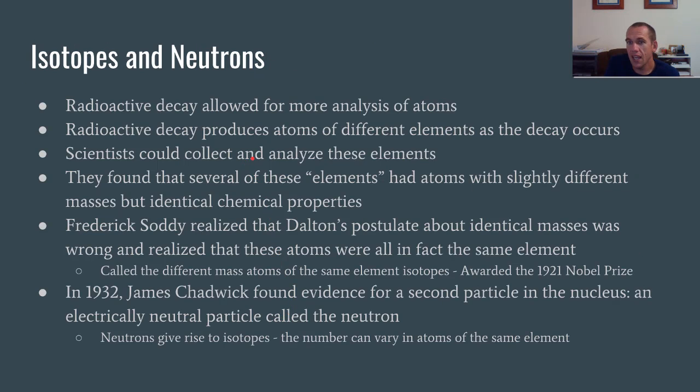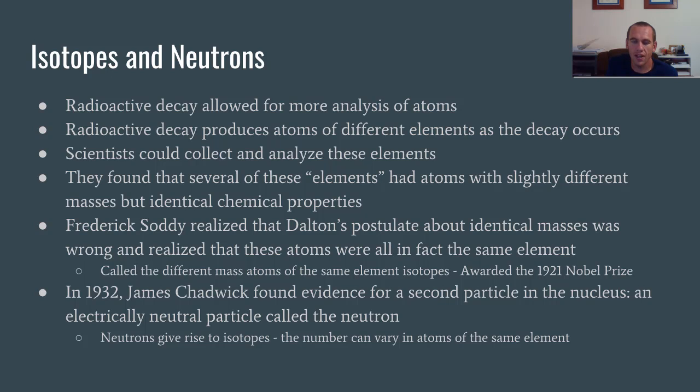So radioactive decay was kind of a newish thing in the early 1900s, and we were doing a lot of experiments with these. And what scientists could find was that in the case of decay, atoms of one element would change into atoms of a different element, which doesn't happen in chemical reactions, but in radioactive decay you have nuclear things changing. And they would collect a bunch of these different elements that had atoms of slightly different masses, and that's how they knew they had different elements.